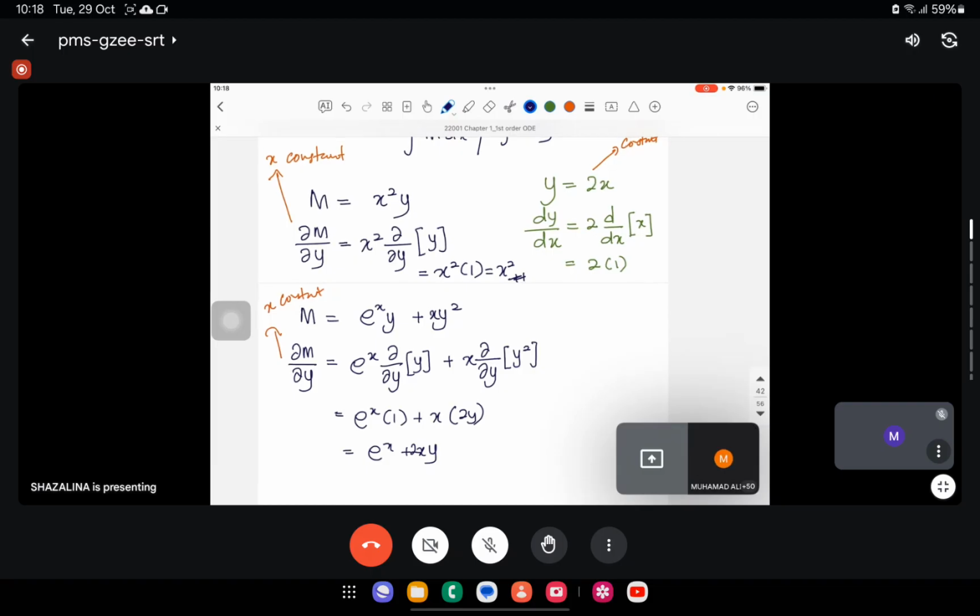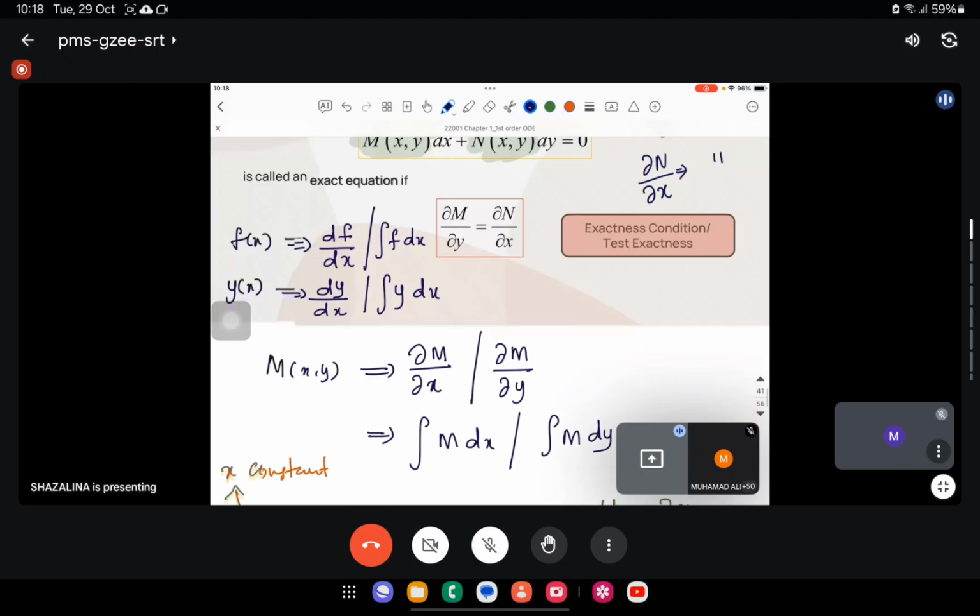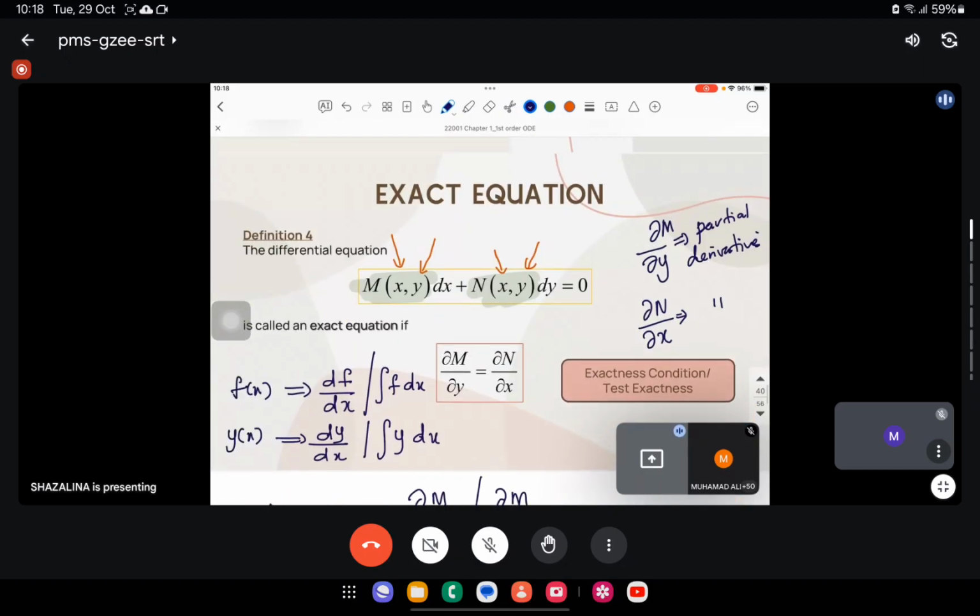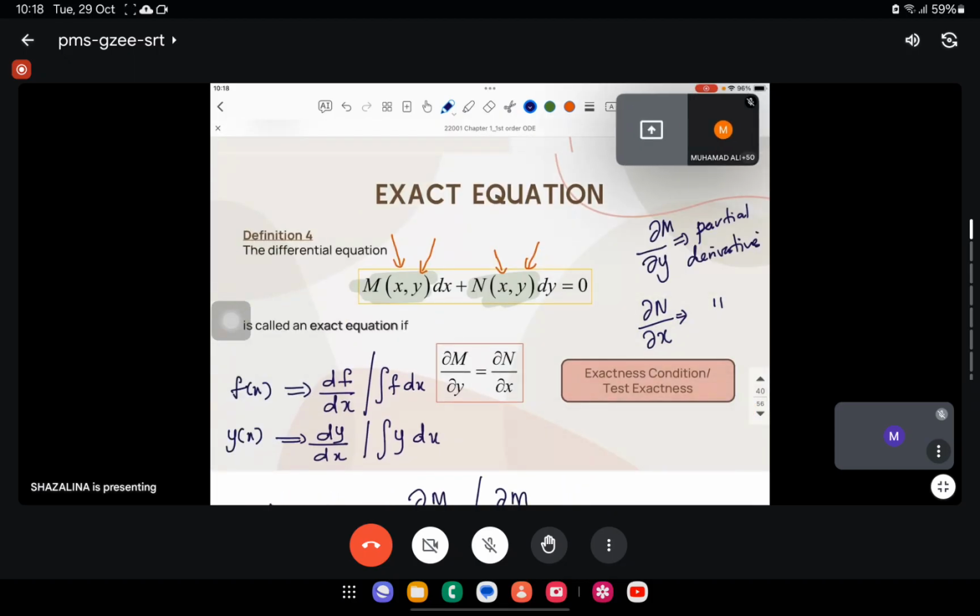Okay, so I'll continue with the first slide. The exact differential equation, this is the exact equation. Like when we did separable and linear equations, we need to identify the general form. So in this case, this is the general form of the exact equation.